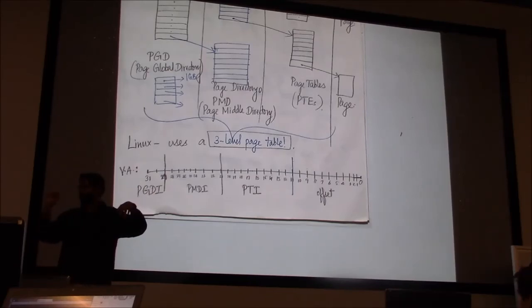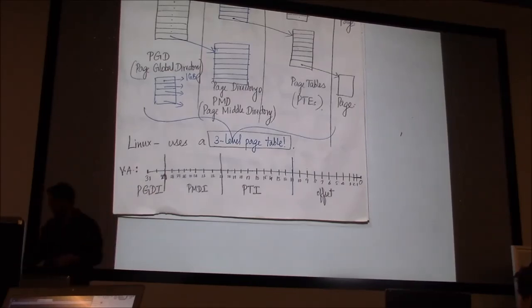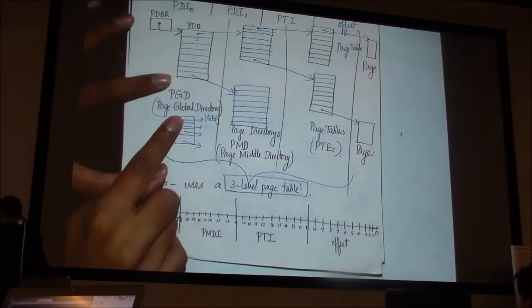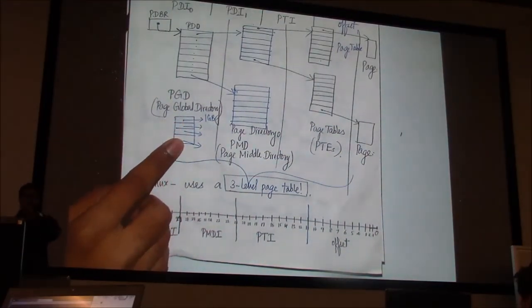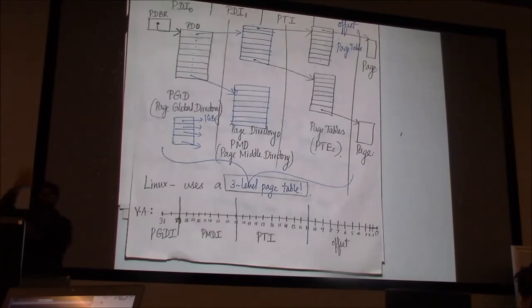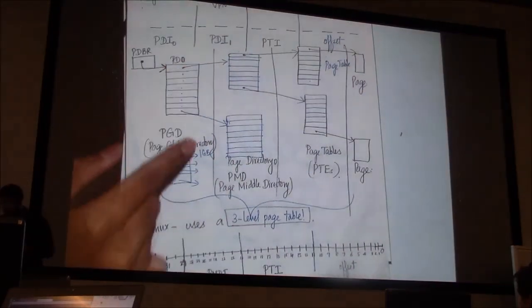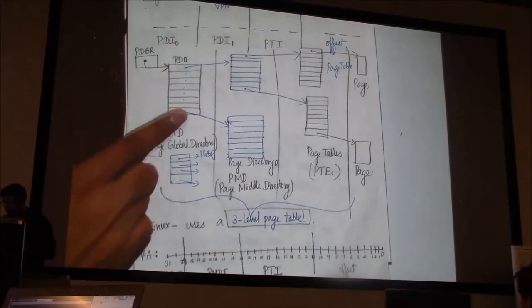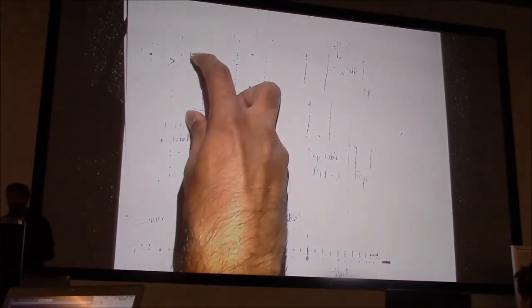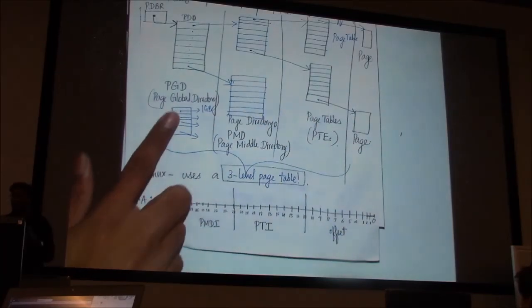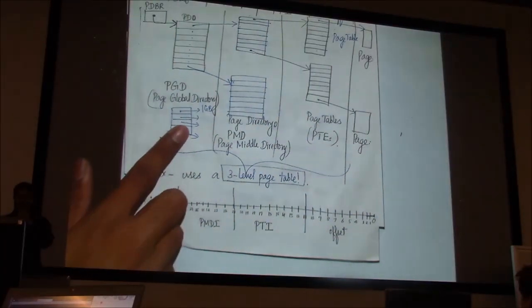Exactly, just 1 GB. So this page global directory will just have 4 entries, and each of these entries will map to 1 GB of your virtual address space in total. There are 2 things here, don't confuse it. Here I'm showing a page directory with multiple levels, but in Linux the topmost level has only 4 entries.